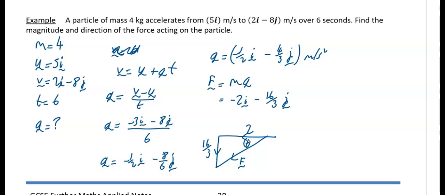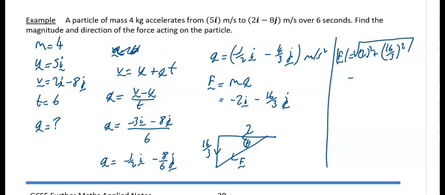And there's your direction. So to find your F, modulus of F is going to be the square root of 2 squared plus 16 over 3 squared. Again, onto your calculator: 2 squared plus brackets 16 over 3, close your bracket squared, press equals.